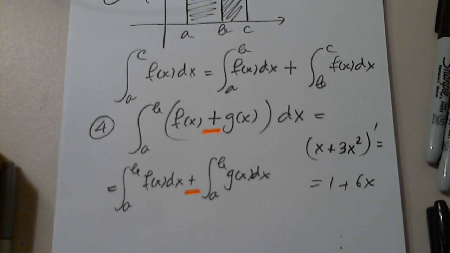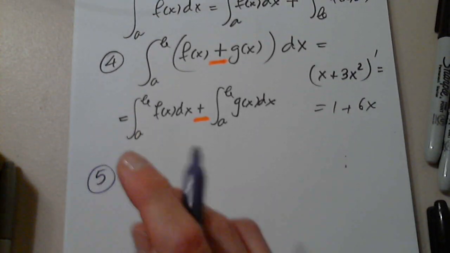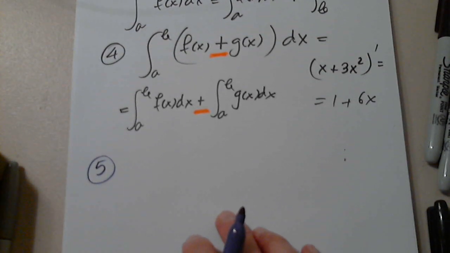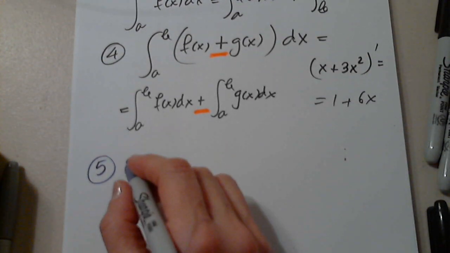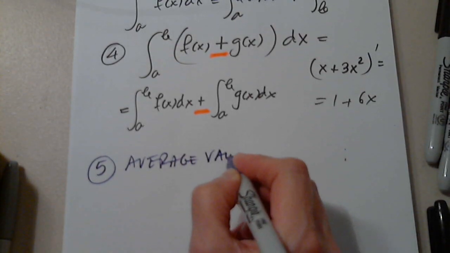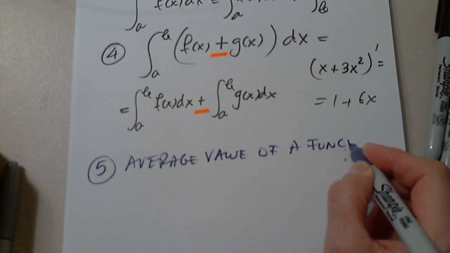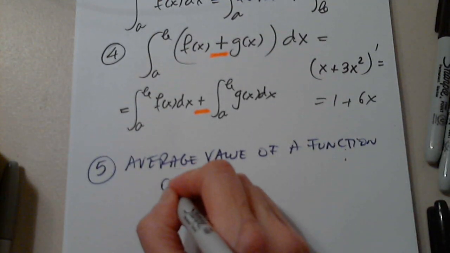Perfect. So now let's work on one other thing. I will call it number 5, but it's not necessarily a property. It's the average value of a function on an interval.